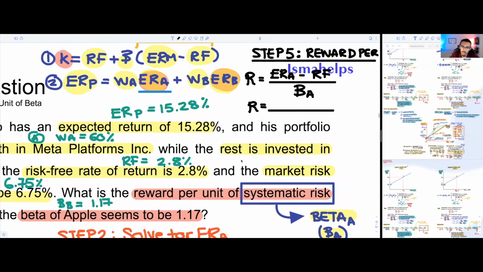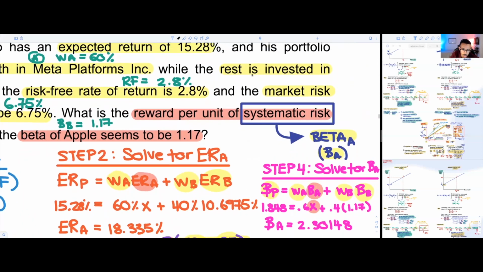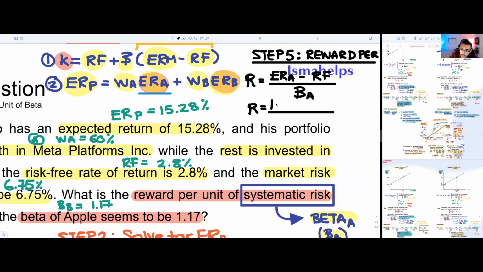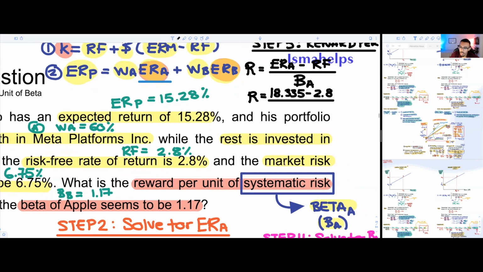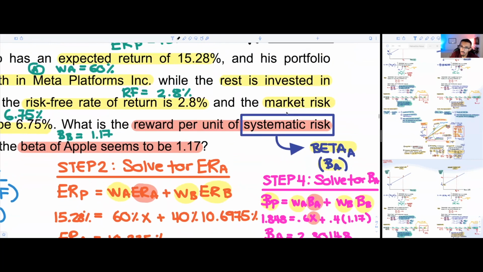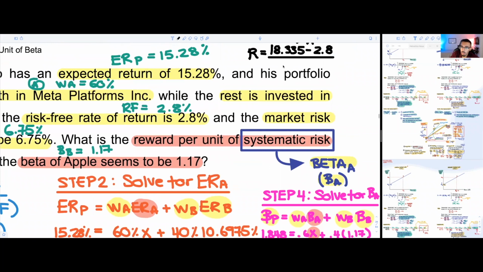It was 18.335. So we know that we're going to have 18.335 minus 2.8. Now, of course, these are percents, over our beta of 2.30148, such that our reward per unit of systematic risk will be equal to something awesome.